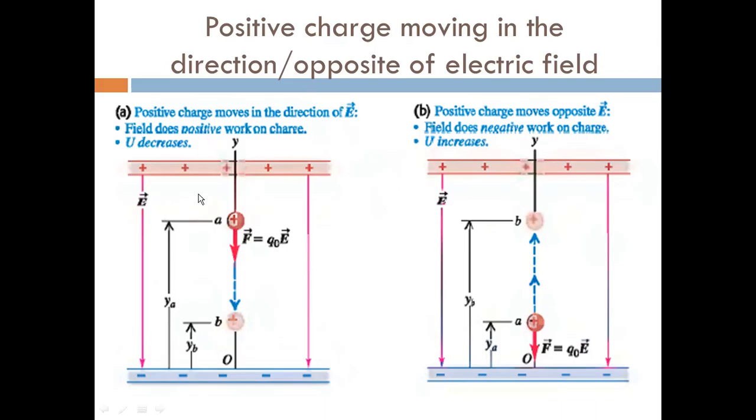Remember our upper plate is positive, our lower plate is negative, and the direction of the electric field in between the two plates would be towards this direction.